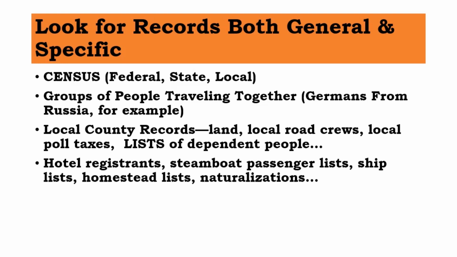There might be lists of the dependent people, or again, the hotel registrants, the steamboat passenger lists, the ship lists, homestead lists, and you can find those frequently just by looking and saying, oh, this one says in the newspaper he's filed on a homestead, and 3 people have vouched for him. You can look for naturalizations.